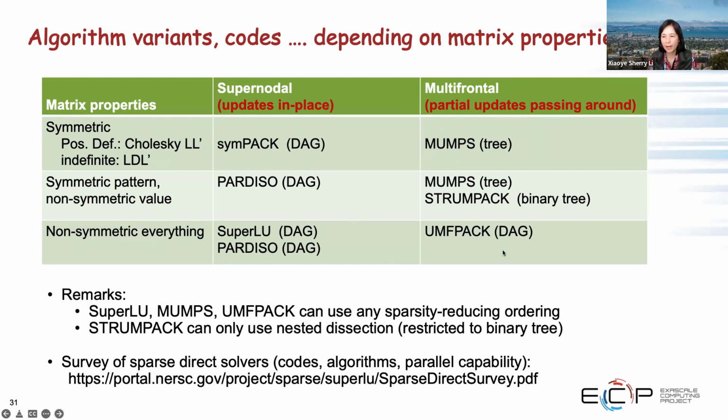But UMFPACK, which is from Tim Davis, is a multifrontal code, but it stays with the non-symmetric pattern, so it's DAG-based. So it's an orthogonal issue, these two axes: whether it's supernodal or multifrontal, whether it's DAG or tree-based, really depends on whether you want to respect a symmetric or non-symmetric pattern.